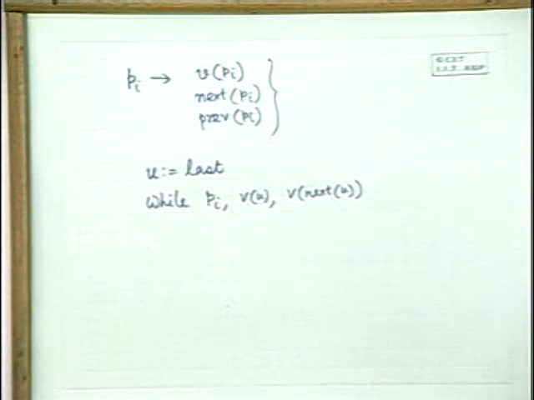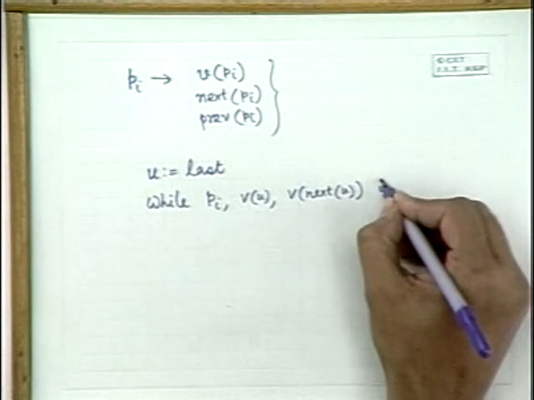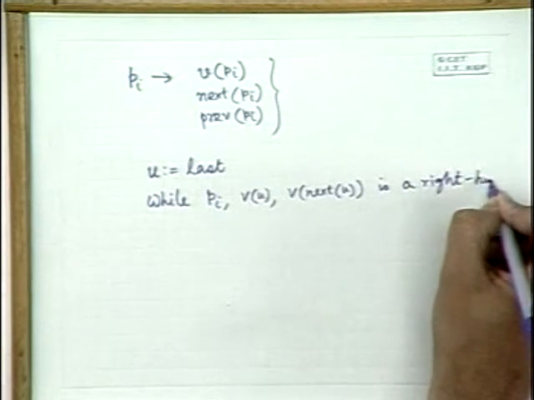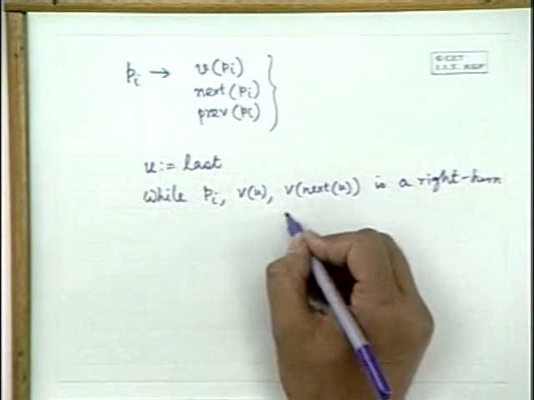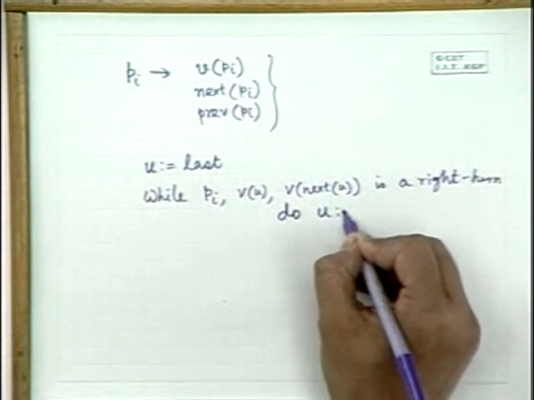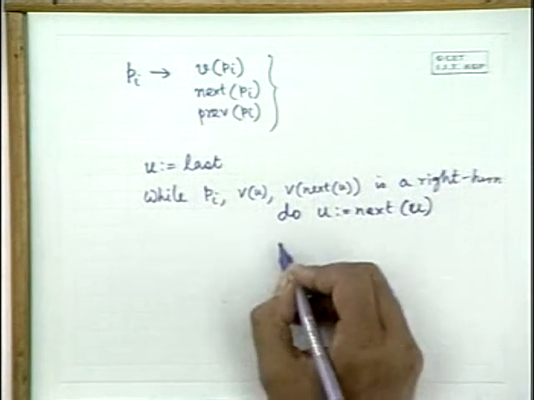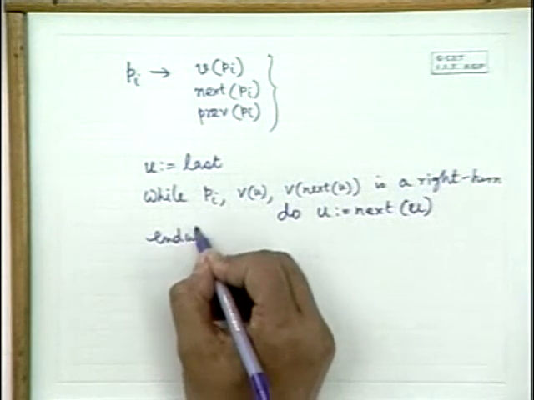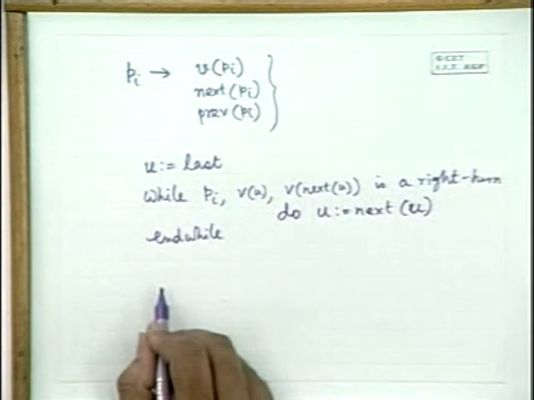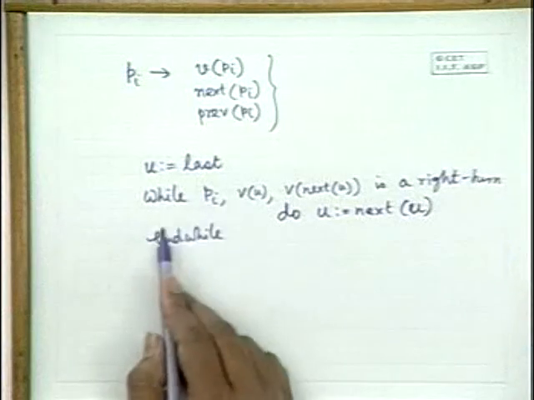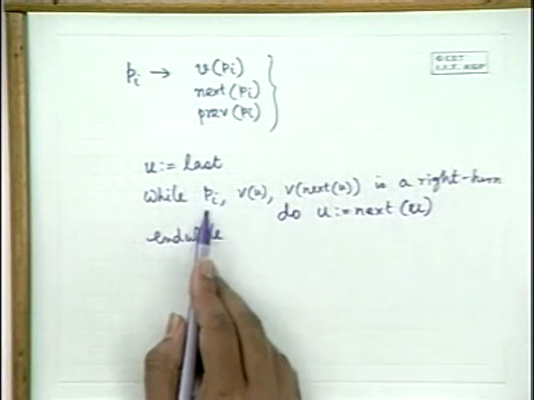So if this is a right turn, then we move forward: u is equal to next u, and continue the while loop. When this while loop terminates, the value of u will be the point where the tangent hits the convex hull. This is the walk upward.